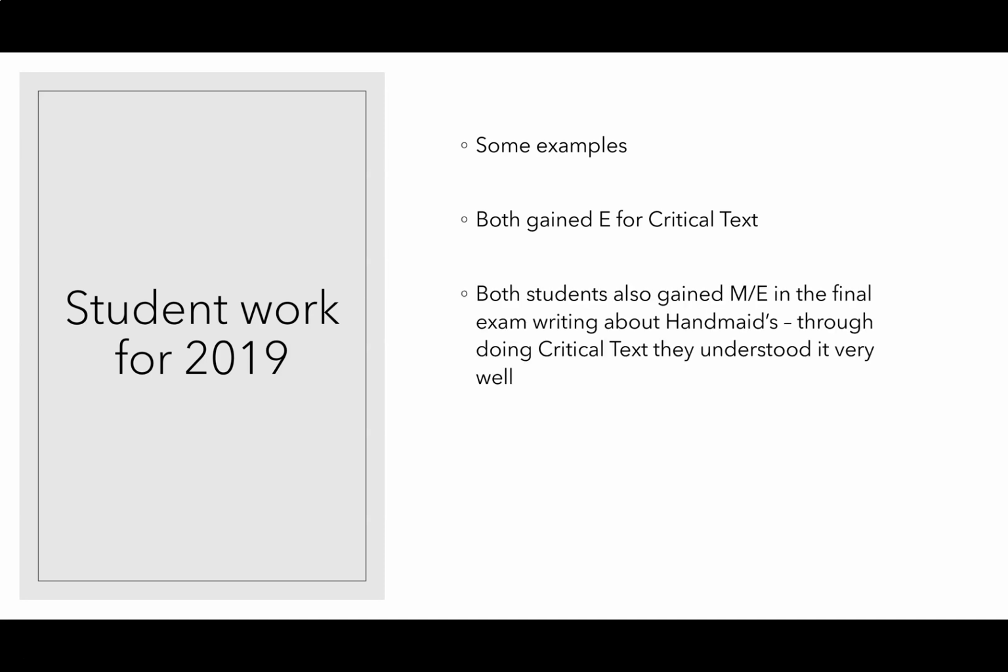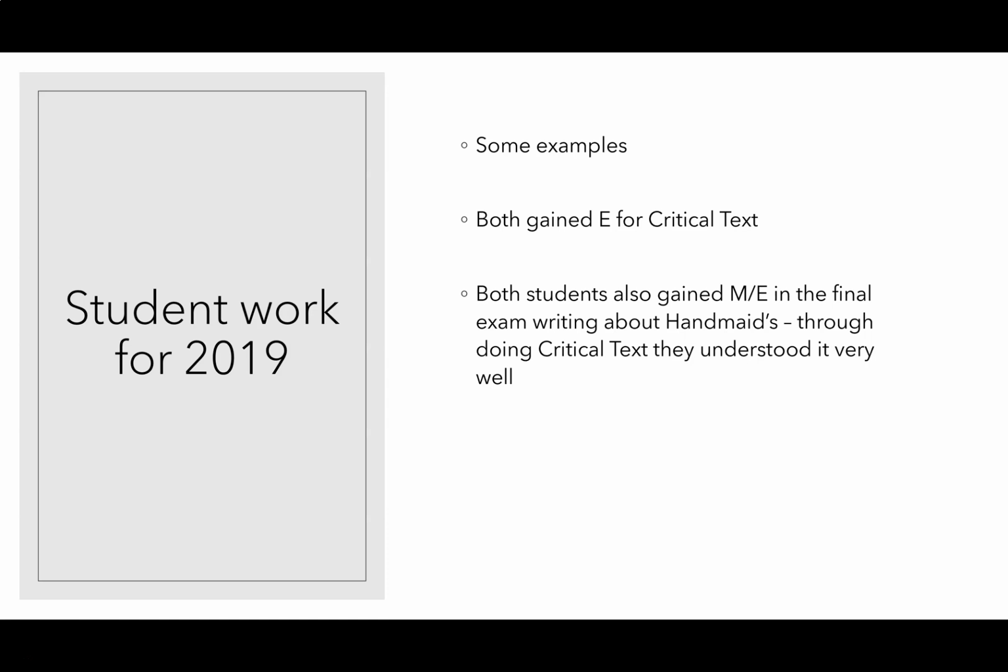I'm just going to go over 2 student exemplars that we had in 2019. Those examples gained E for critical text, and they also gained M or E in the final exam written about The Handmaid's Tale. One thing to be really aware of is that when you do critical text on a particular text, you get a really thorough understanding of it, and you can then use that knowledge in your external as well.